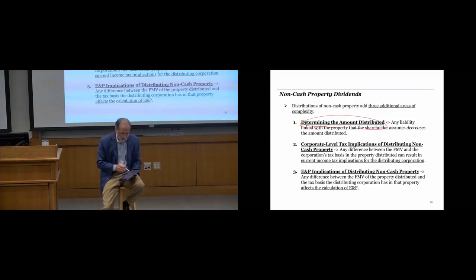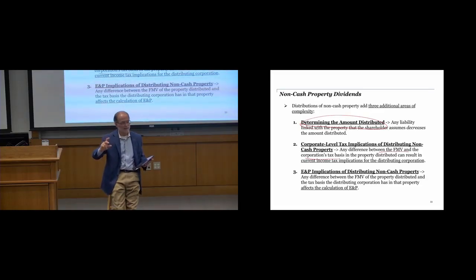Corporations and shareholders are separate taxpayers, right? If there's a difference between fair market value and the corporation's tax basis in the property, particularly if there's a gain, the gain will be recognized when it leaves the corporation.